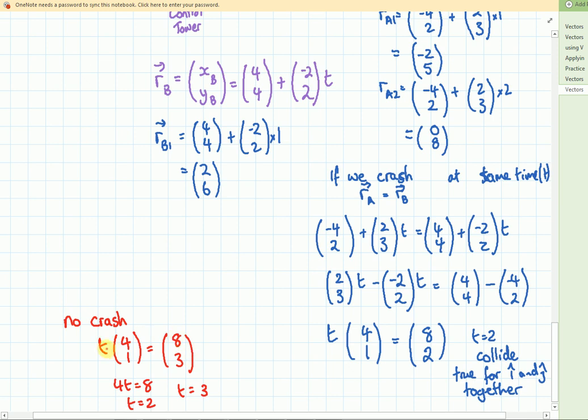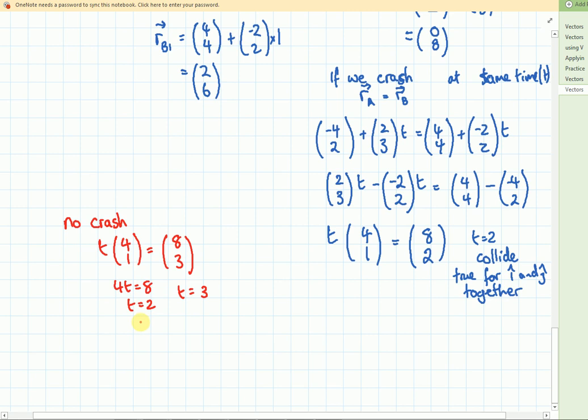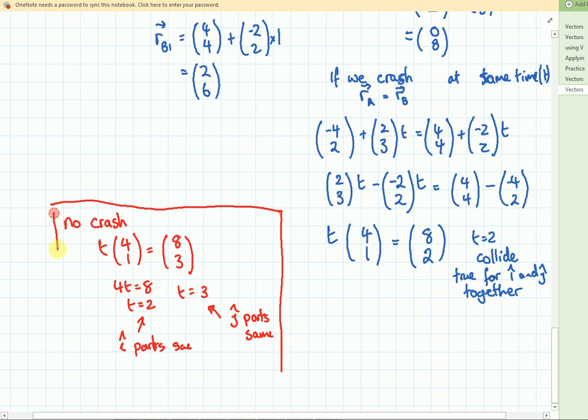And they're actually telling you, depending on that, their i paths cross here. Are the same. And in this one, because we equated the j parts are the same. Because both of those are the same, we have a collision there in the same i and j at the same time. So that leads to this one crashing.